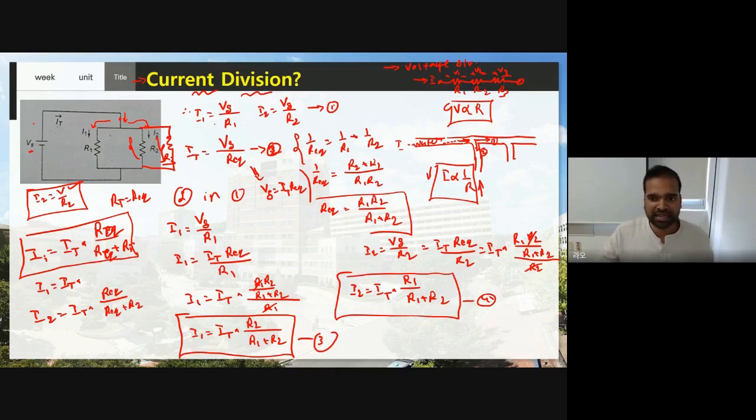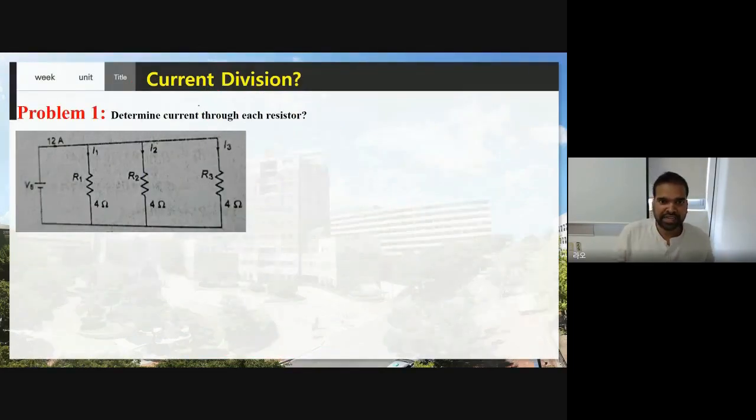I hope it is clear, right? It is clear. Now we will solve one problem on the current division formula so that you will understand. Now by using the current division formula, we need to find current through each resistor. Now what is our current division formula? I equal to IT, the total current, into R equivalent by R equivalent plus RI.